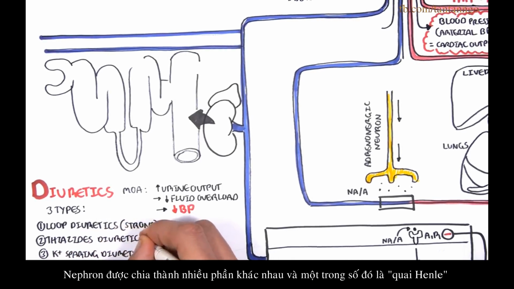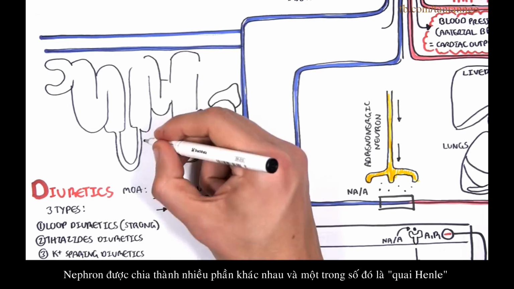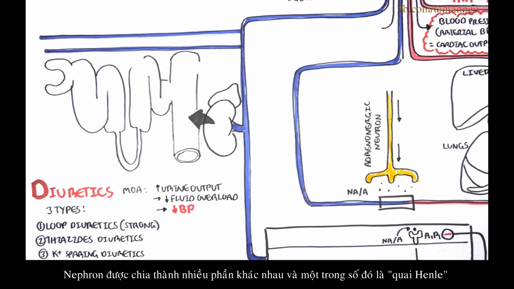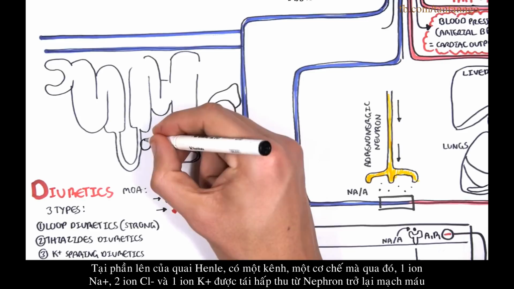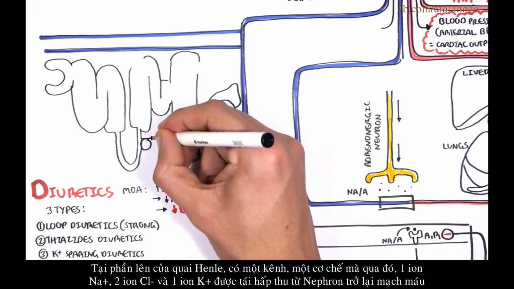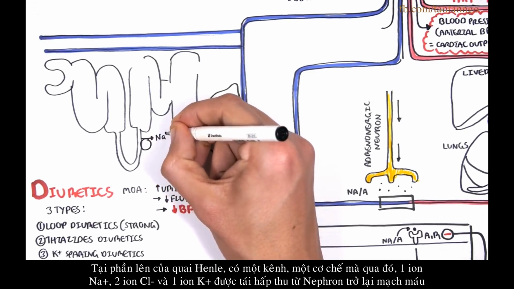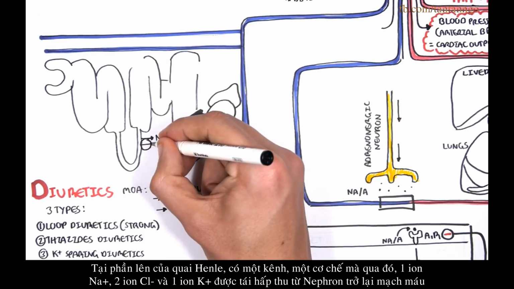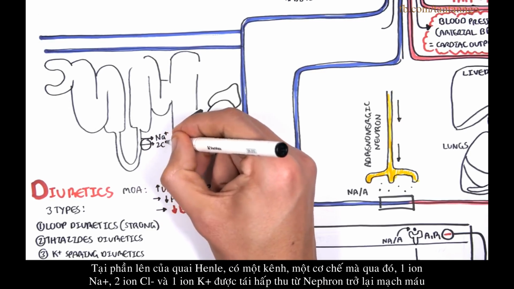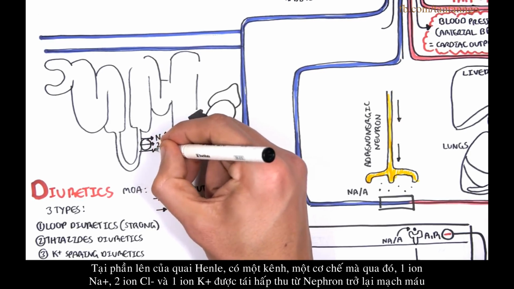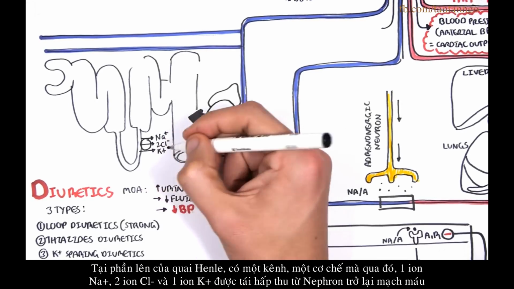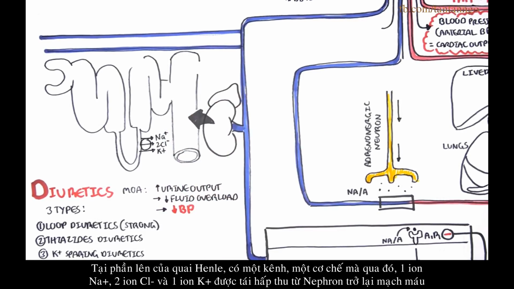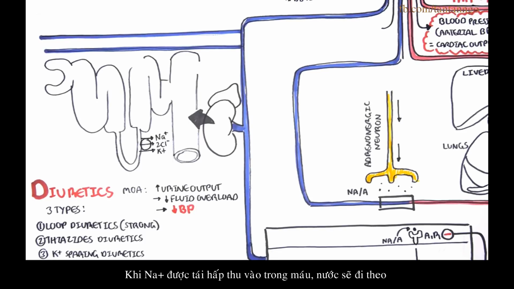The nephron is divided into different sections, one of which is the loop of Henle. In the loop of Henle, in the ascending part, there is this channel, a symporter, which transports one sodium molecule, two chloride molecules, and one potassium from the nephron back into circulation, back into the blood vessel. When sodium is reabsorbed in the blood, water follows.